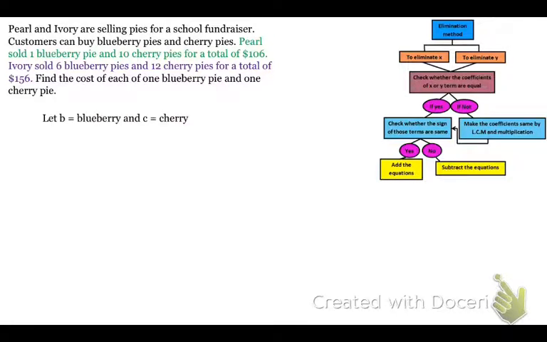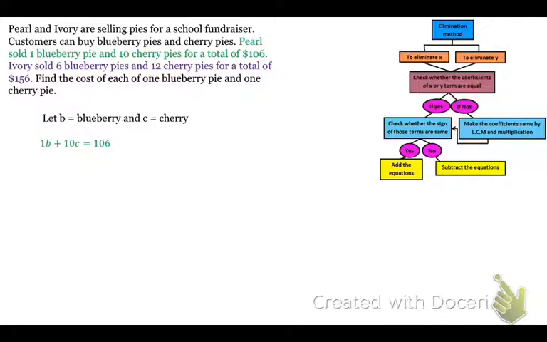And remember, we can set up our equations if we let B equal blueberry and C equal cherry. Let's just read this story problem again. Pearl and Ivory are selling pies for a school fundraiser. Customers can buy blueberry and cherry pies. Pearl sold 1 blueberry and 10 cherries for $106.